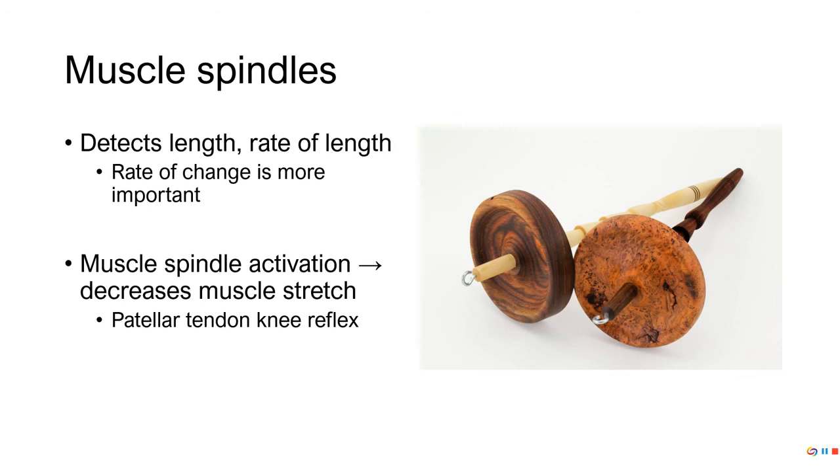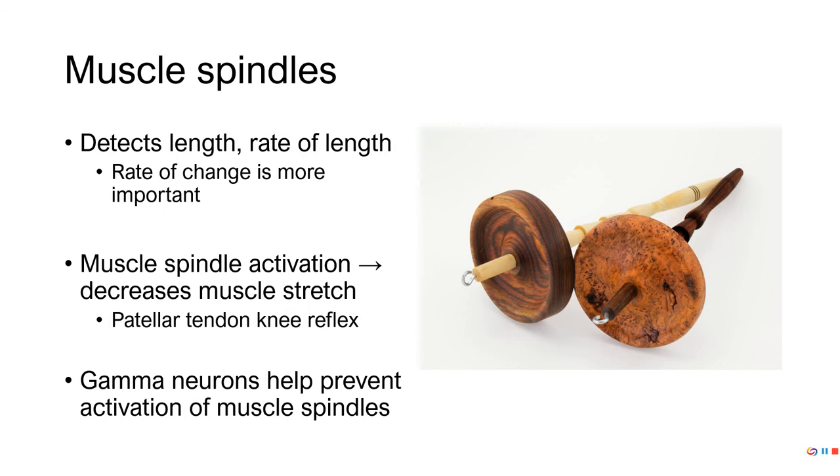When the spindle is stretched, it sends signals via afferents, causing the muscle contraction. Now, we have gamma neurons inside these muscle spindles that help keep the spindle taut, kind of in its place. During normal contraction, we don't want to activate the spindles because that would prevent lengthening of a muscle.